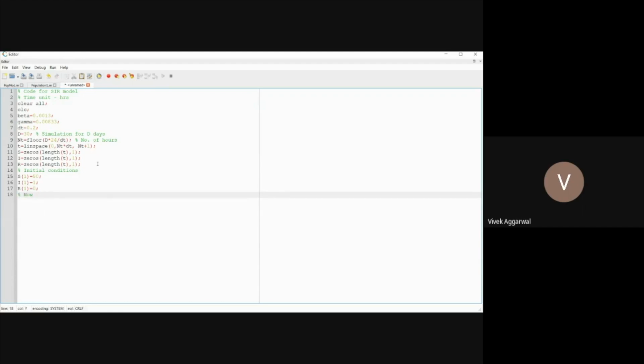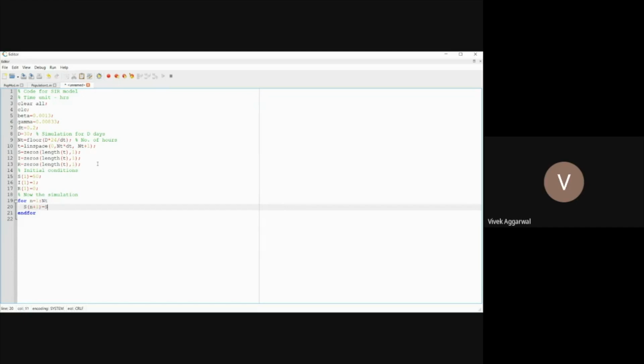Now for the simulation, we have to apply our numerical method, and for this I will define a for loop for n equal to 1 to nt. Now S at n plus 1, I will apply the formula.